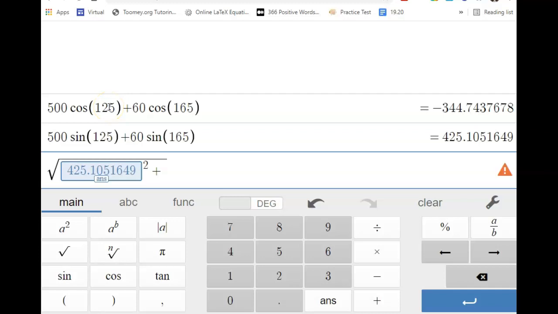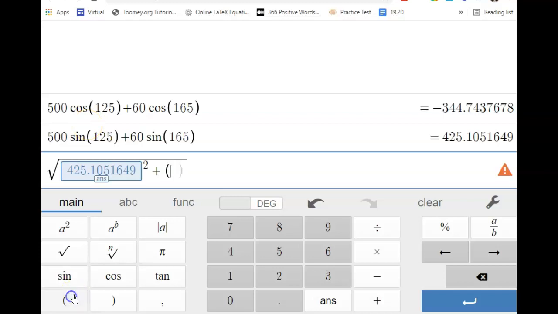But I can't really grab this answer. Even if I use this whole number, there's more stored in there than what I can see. So it's actually using more decimal places than that. So I need to take this and square it, but I don't have to retype all that.